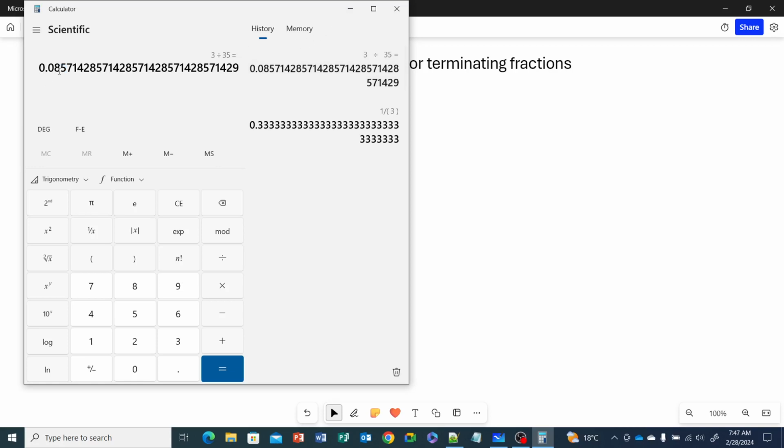Okay? So it repeats 8, 5, 7, 1, 4, 2. Then after that, it will repeat again 8, 5, 7, 1, 4, 2. After that, again, it will repeat 8, 5, 7, 1, 4, 2. Do you see the pattern of this number? It's recurring by that.